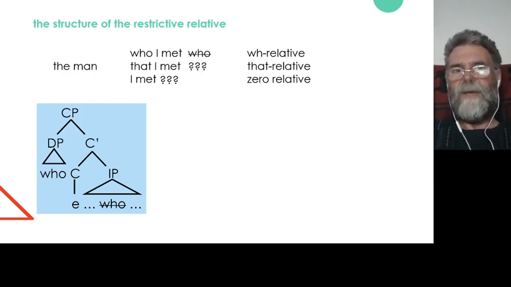Now there, we accounted for the lack of these elements in terms of the movement of the WH phrase. The WH phrase starts off in some position inside the IP, but then moves out of that position, and therefore you don't see it. So how are we to account for the missing object in these cases, in the that relative and the zero relative?